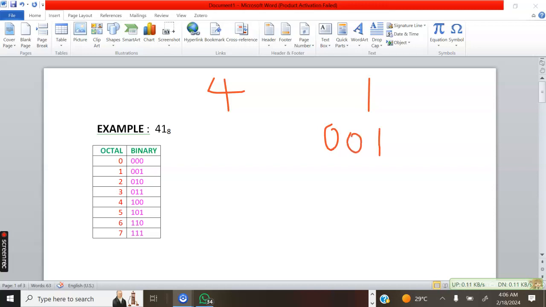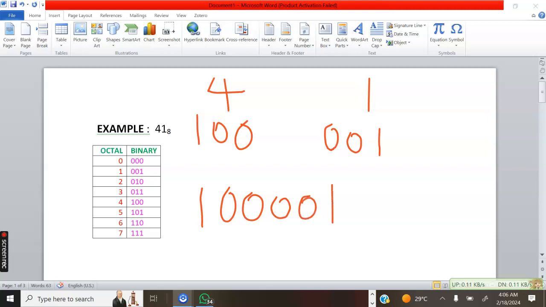While for the 4, it has 1 0 0. Okay, having done that, the next step is to combine the binary numbers and you write the answer in base 2. It's a very straightforward thing. So you will have 1 0 0 0 0 1.